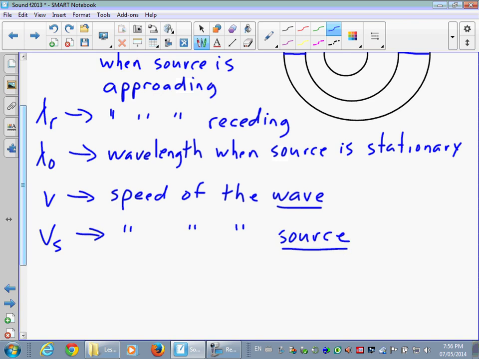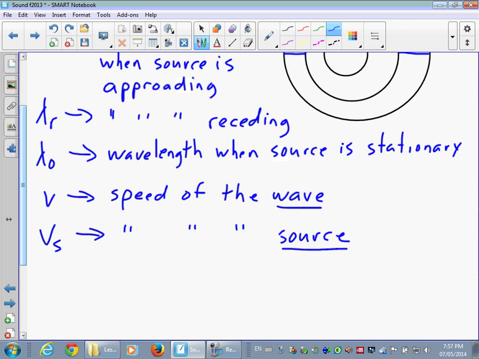A lot of people will get this Vs confused with the speed of sound, because let's face it, that's what that wave is. It's the speed of sound in air. You will have to become experienced with the equation once we develop it, in order to remember that V is the speed of the wave and Vs is the speed of the source. You do have this equation on your equation sheet, but if you get these two concepts mixed up, the equation isn't going to do you any good. You're going to get answers that don't make any sense.